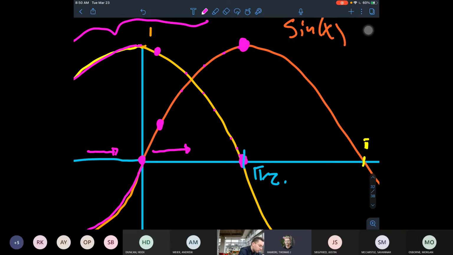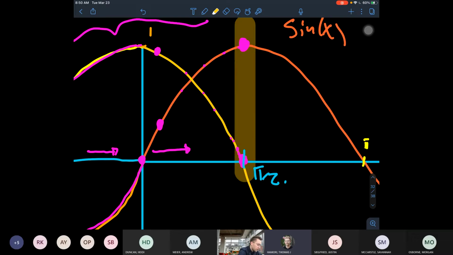So if we divide a positive number like 1 by an extraordinarily small positive number, we'll get an extraordinarily large positive number. And we can see that the smaller the number we get, the larger that number will be. And so that's why we can see that as we get very, very close to pi over 2 here, the value of our tangent function is going to go to infinity.